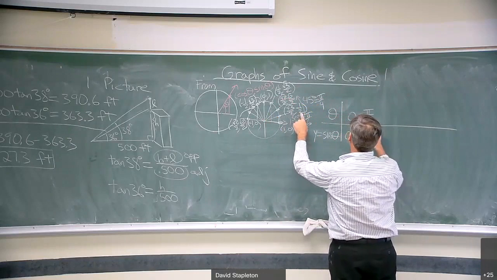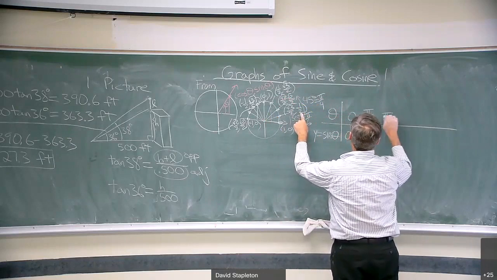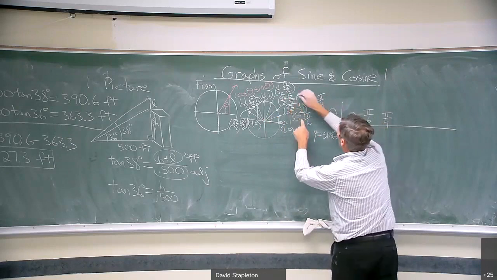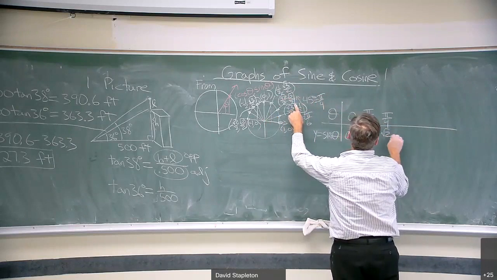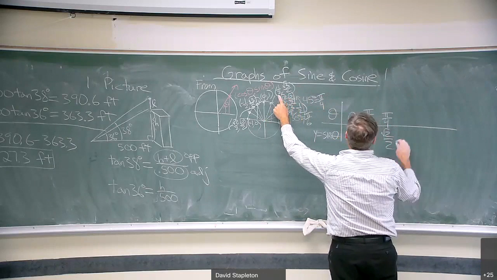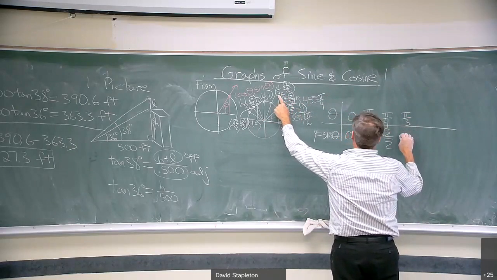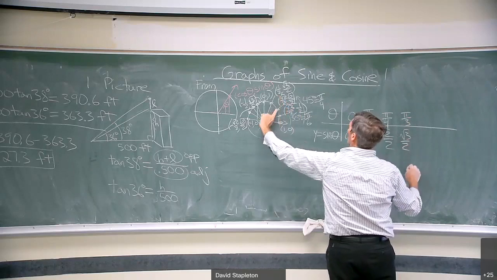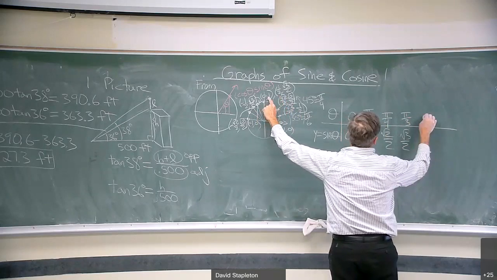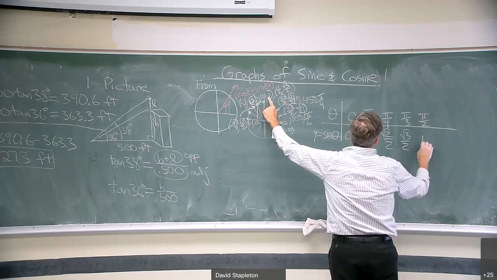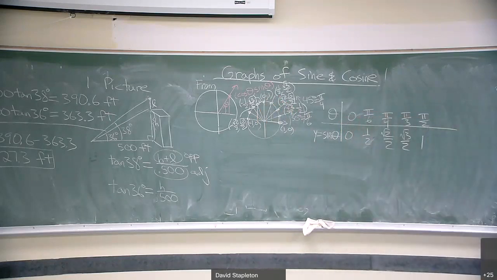Pi over 6 comes out with sine 1/2. Pi over 4, 45 degrees, gives us square root 2 over 2. Pi over 3, 60 degrees, gives us square root 3 over 2 for the y coordinate. And at 90 degrees, the sine is 1. So at pi over 2, you get 1.